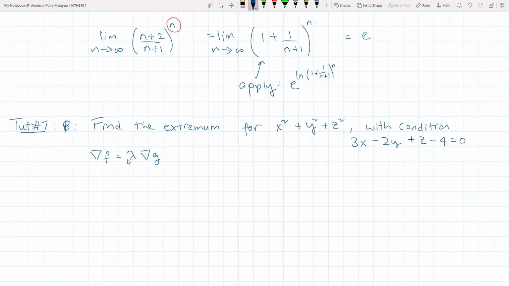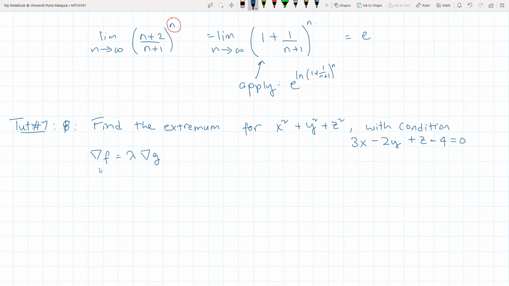I think your previous lecturer already explained this to you. The gradient is the same, but it is located on a different line, with a different constant.